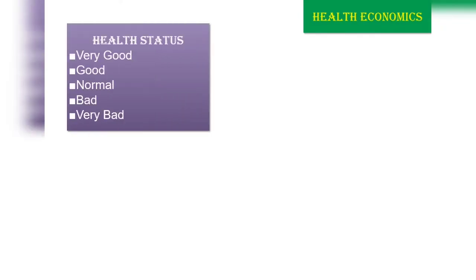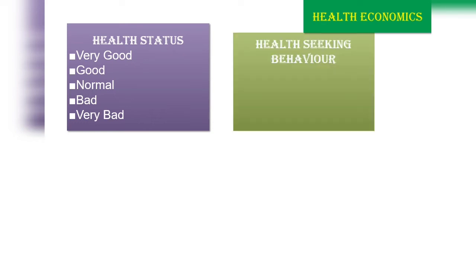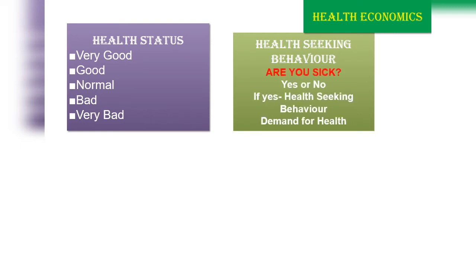Health status: self-assessed health status is measured by five points, that is, very good, good, normal, bad, and very bad. Health seeking behavior, that is, are you sick, yes or no. If yes, health seeking behavior is started.